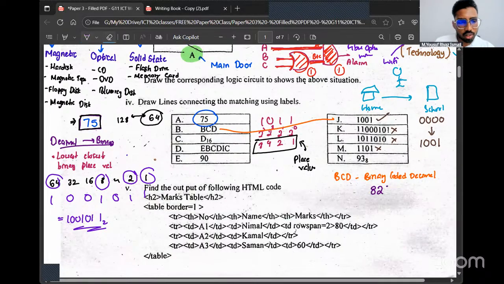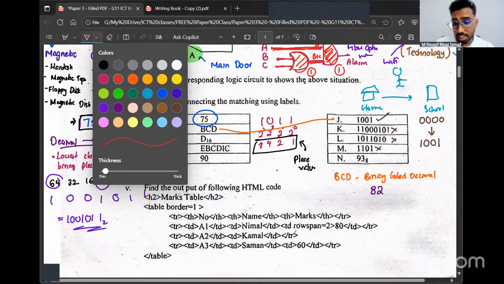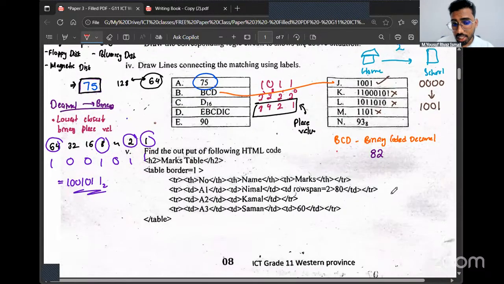If they ask me to represent this using BCD, the idea of BCD is representing each decimal digit. So 8 is one decimal digit, 2 is another decimal digit. I have to represent 8 in binary and 2 in binary. That's the idea of BCD.